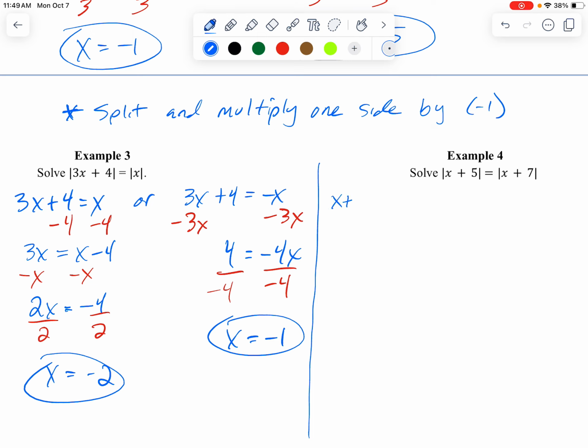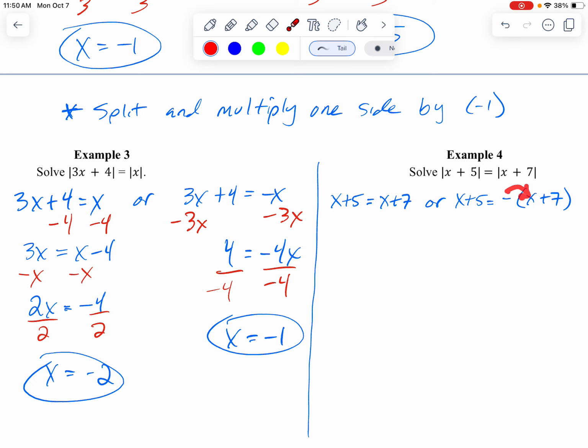So I've got x plus 5 equals x plus 7, or x plus 5 equals negative x plus 7. So this negative out front really acts as a multiplying by -1, because I have to distribute that negative to both of my values here. So we'll see that in just a second when we solve.